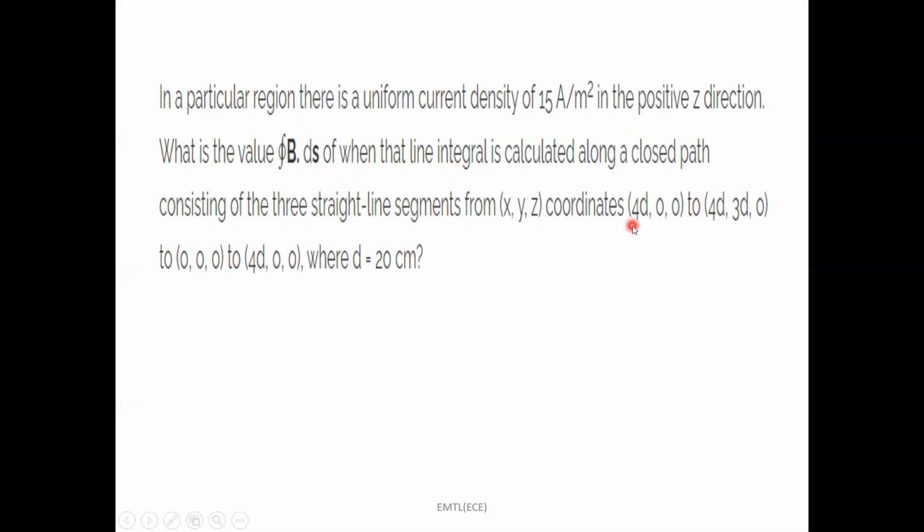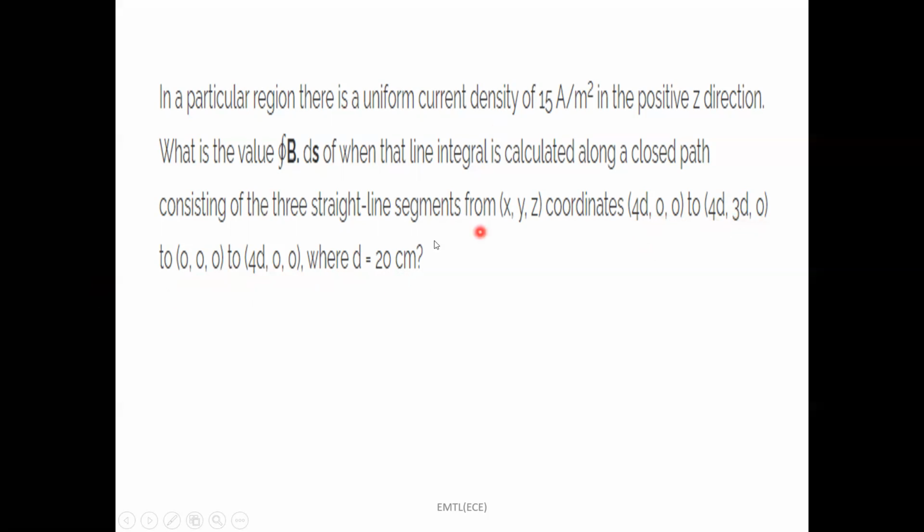Here there is a closed path traveling from 4d comma 0 comma 0 to 4d comma 3d comma 0, to 0 comma 0 comma 0, to 4d comma 0 comma 0, where d is equal to 20 centimeters.